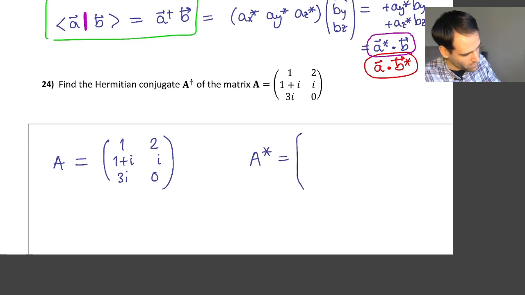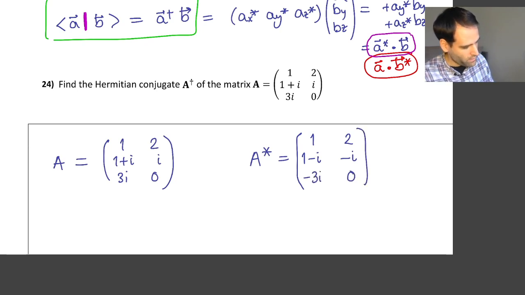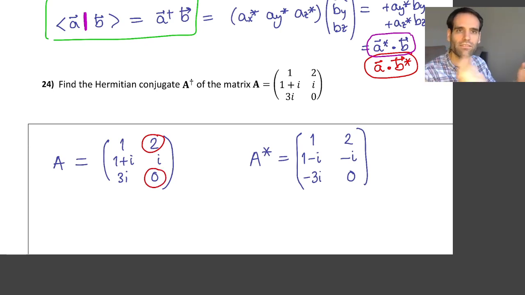So it would be 1, 2, 1 minus I, minus 3I, and 0. Notice you have to flip the sign of the imaginary part of every number. If the number is real, such as 2, you don't have to do anything because there is no imaginary part. If the number is 0, there is no imaginary part, so you don't have to do anything. So that's the complex conjugate of A.